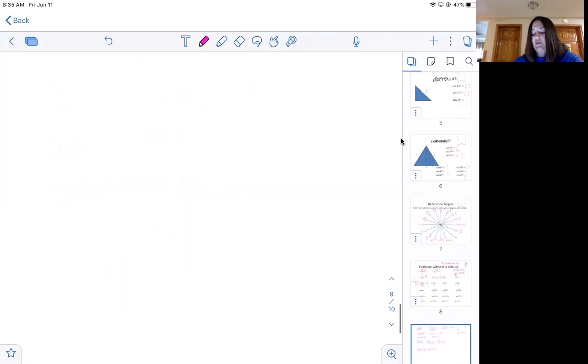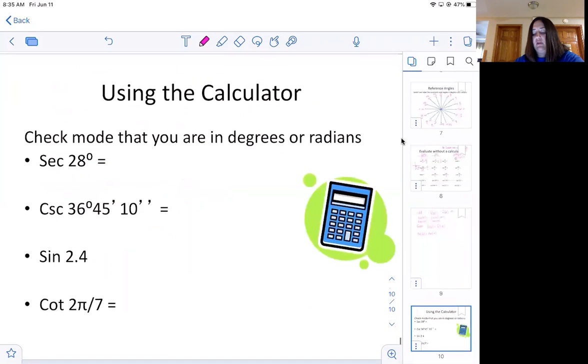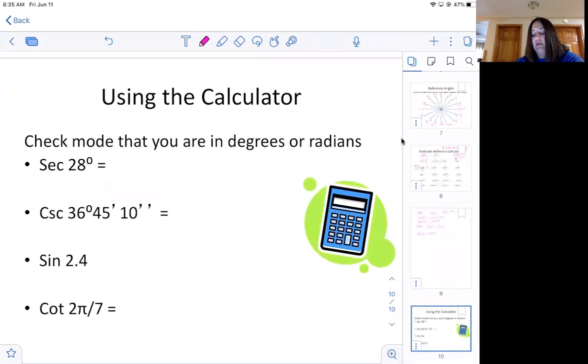The other part that you have to be able to do is to be able to use the calculator. What you need to remember is that if you are using a calculator, if your angle is in degrees, make sure your calculator's in degrees. If it looks like this and it has no degree symbol, that means you're in radians. So make sure your calculator's in radians. If you see a pi in it, you're in radians. So you're just going to enter these in the calculator to get those values.